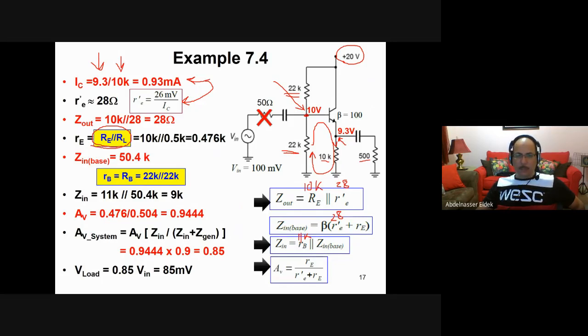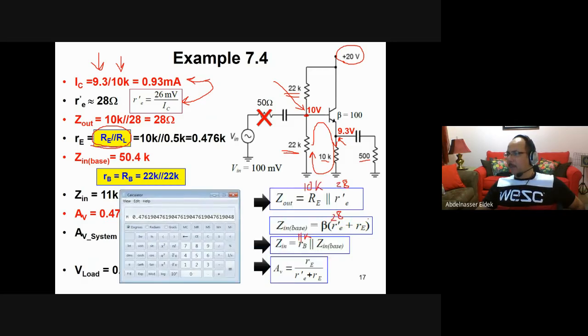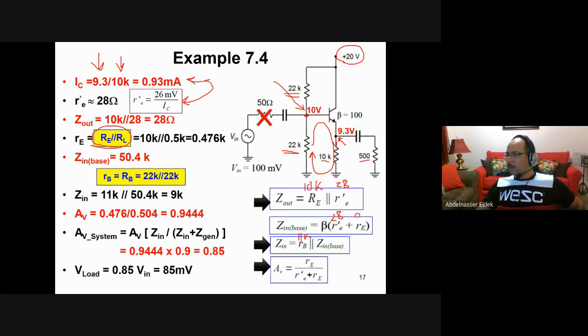Capital RE equals 0.5 times 10K divided by 0.5 plus 10, which is 10.5. This resistance will be 0.476 kilo ohm.